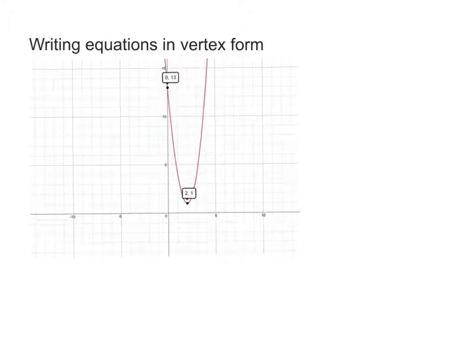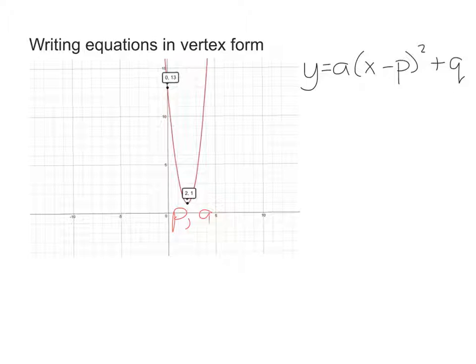We're going to start with vertex form for a quadratic, which is y equals a(x minus p) squared plus q. So looking at the graph, we look for where the vertex is, (2, 1). That's P and Q. So P is 2, Q is 1.